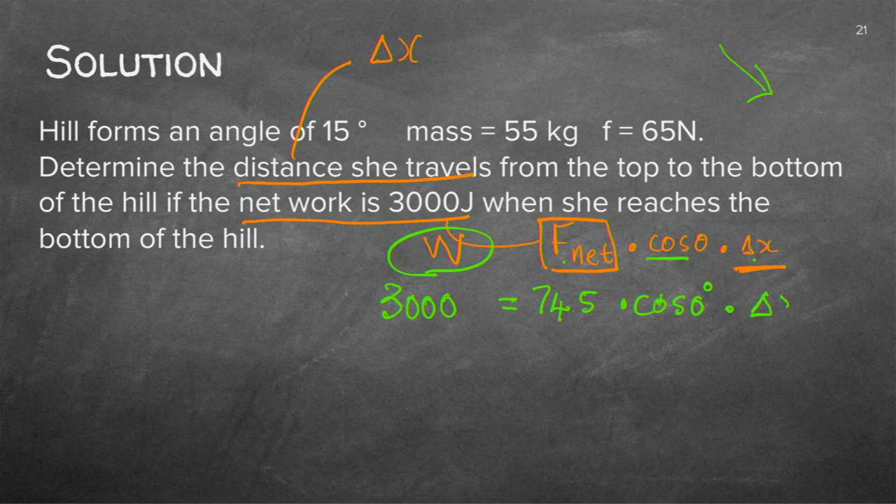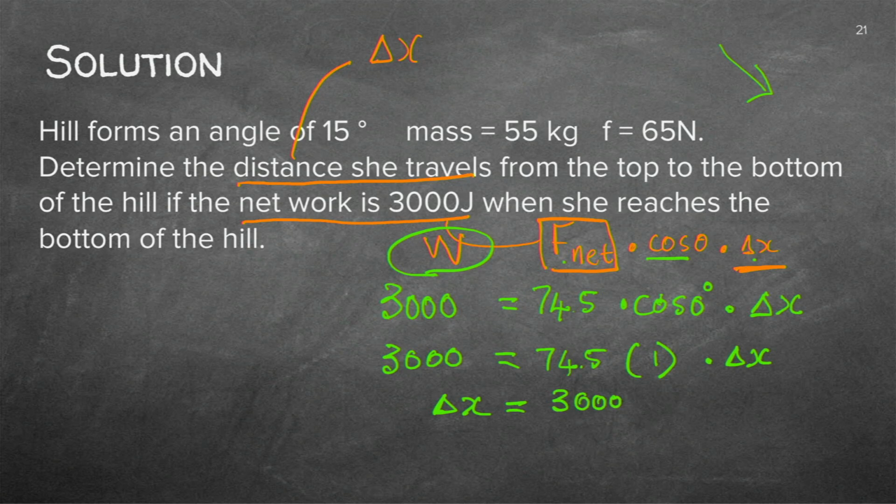You can do it in one step. Delta x is equal to 3,000 divided by 74.5, and if you do an accurate calculation, you'll get a value of 240.27 meters.